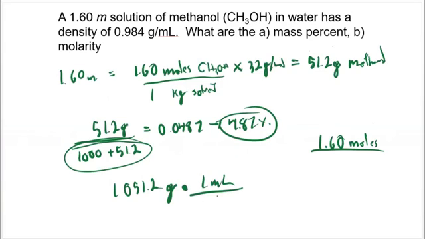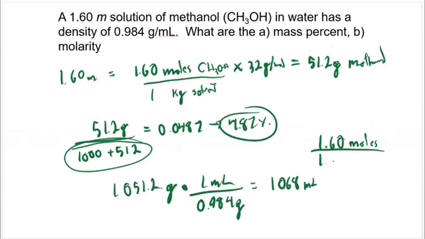Using the density, we can convert this into milliliters by dividing by the density like so. 1051.2 divided by 0.984, and that is 1,068 milliliters.